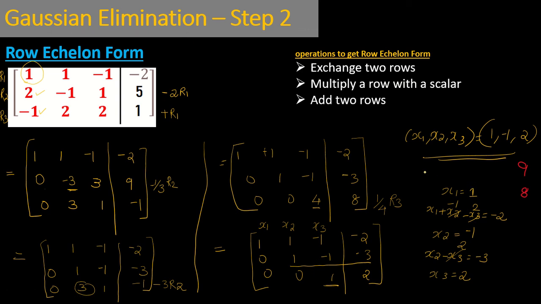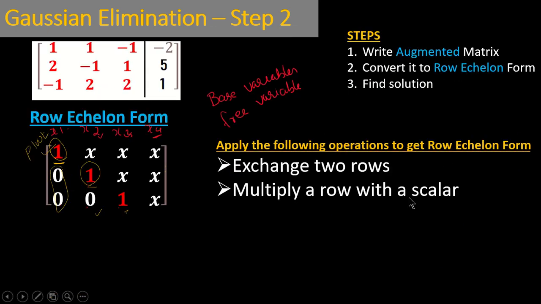And we have to consider two more things over here. One is when we convert it into row echelon form, we can find out base variables and free variables. Base variables means when you got the row echelon form of our augmented matrix, all the variables having pivot elements are called base variables.